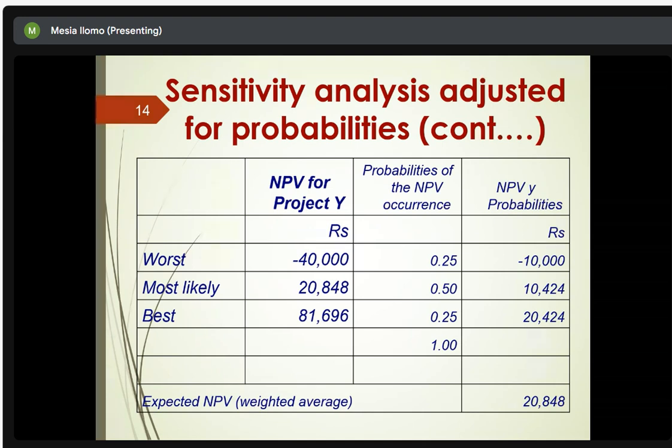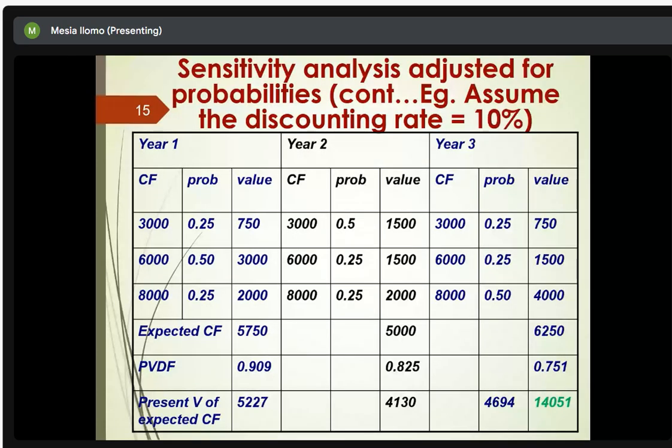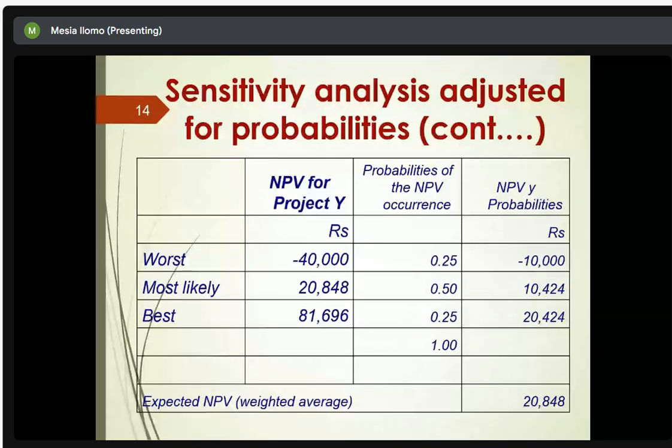So then it's just a question of the risk that I mentioned before. It depends on the risk orientation or attitude of the investor.